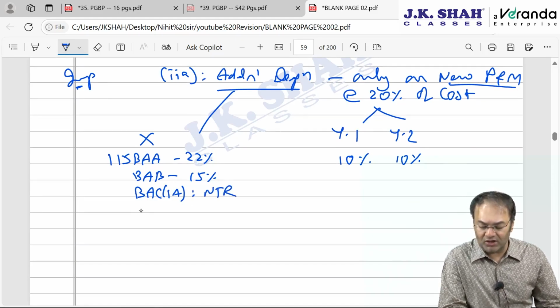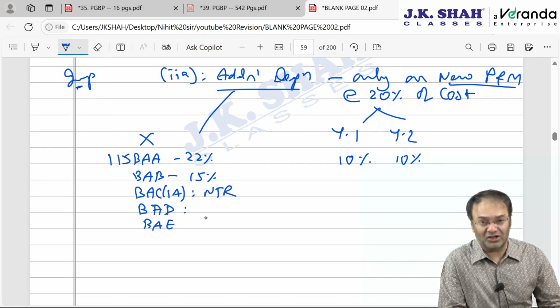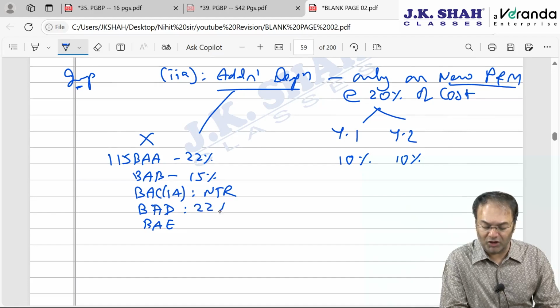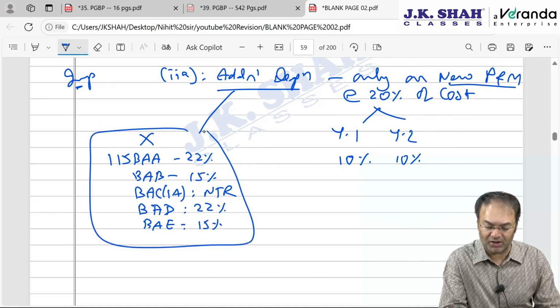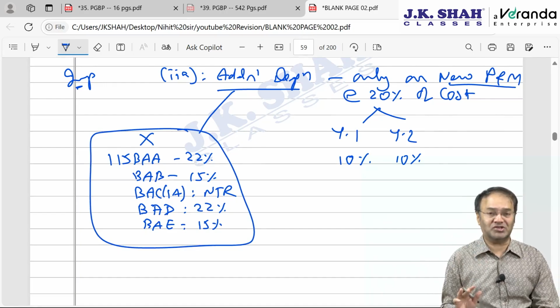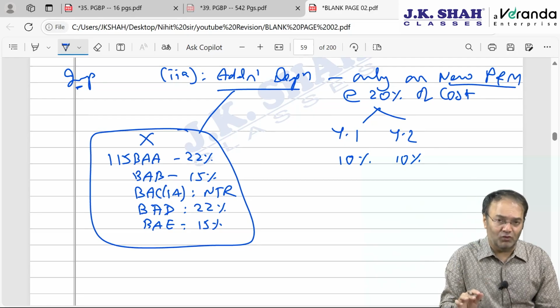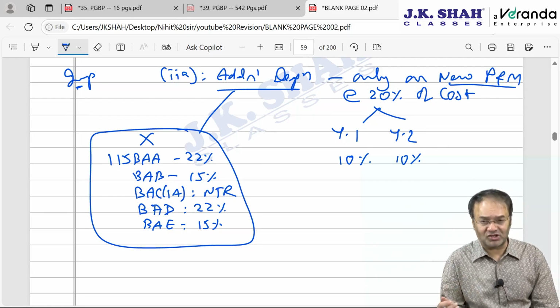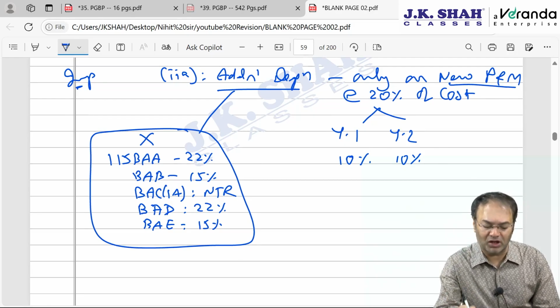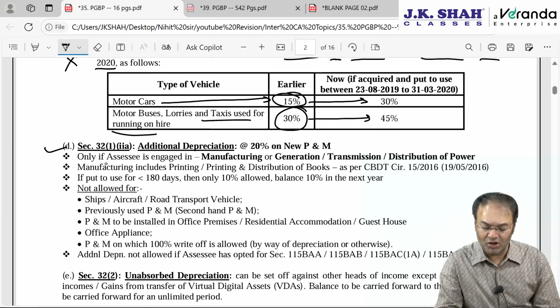Similarly, 115BAD and BAE, applicable to a resident cooperative society which has opted for the 22% or 15% tax rate, cannot claim additional depreciation. However, normal depreciation will be allowed, and we discussed this point in the special rates of tax chapter also. In case you have yet to view that chapter or video, this is just to remind you, or here you are discussing it for the first time.